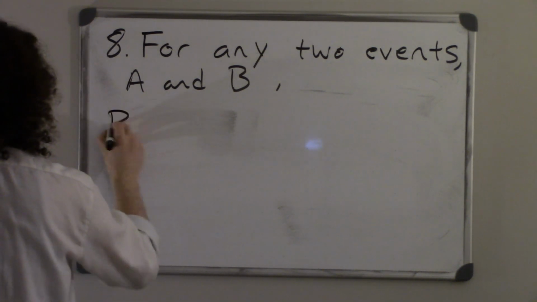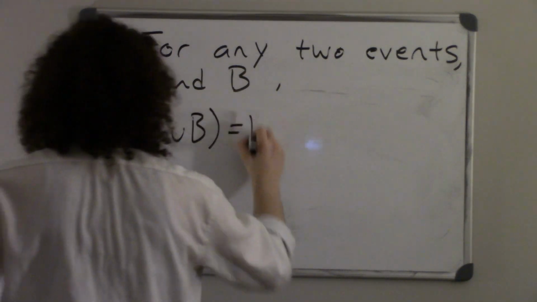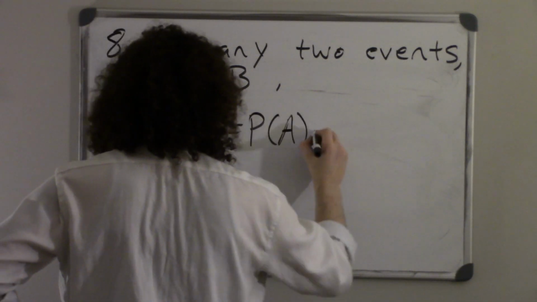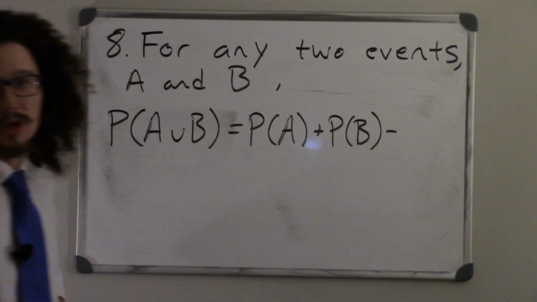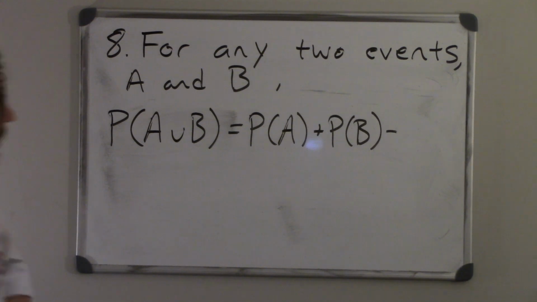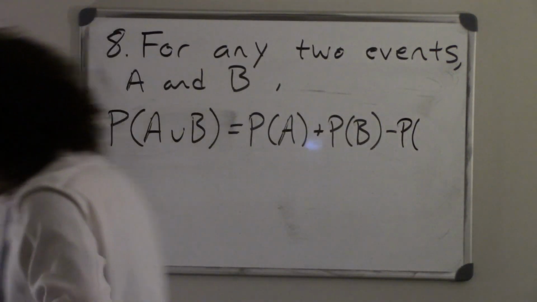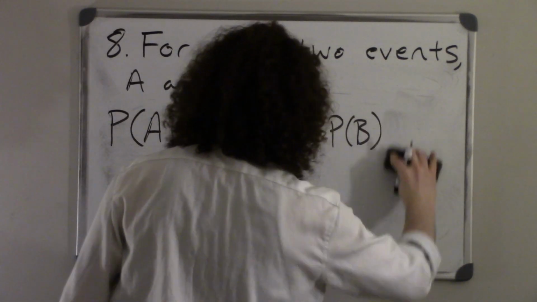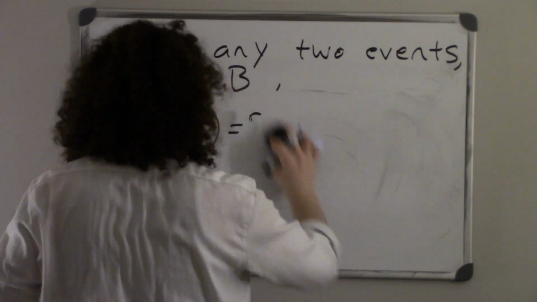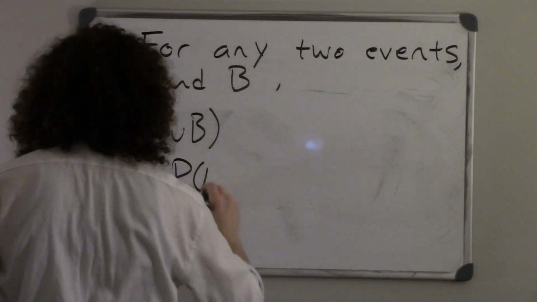The probability of the union of A and B is equal to the probability of A plus the probability of B. It's pretty similar to our sixth law, but here's where we have our difference. We're also going to subtract. I want this all on the same row, so I'm just going to rewrite that again.